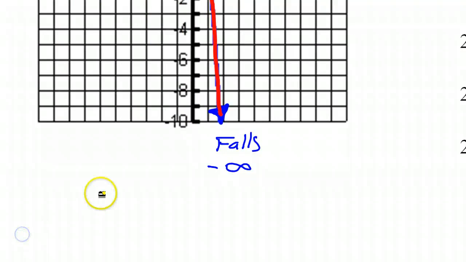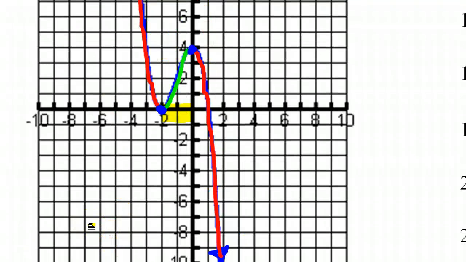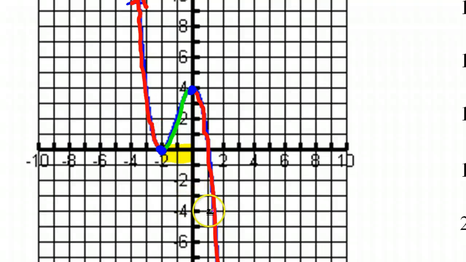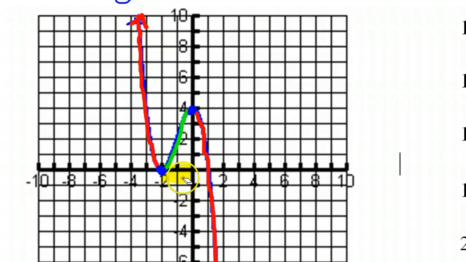Now decreasing. Be careful, there are 2 decreasing intervals. Okay? One for each of these red parts of the graph where we went downhill. So let's do first things first. Let's start with the one on the left. Now, this red portion is a decreasing interval, but again, we need the domain of it. Okay? We need the x values that go with this. So if you looked at this red arrow and I said, what's the domain? I'm hoping you would see that the domain is -infinity to -2.